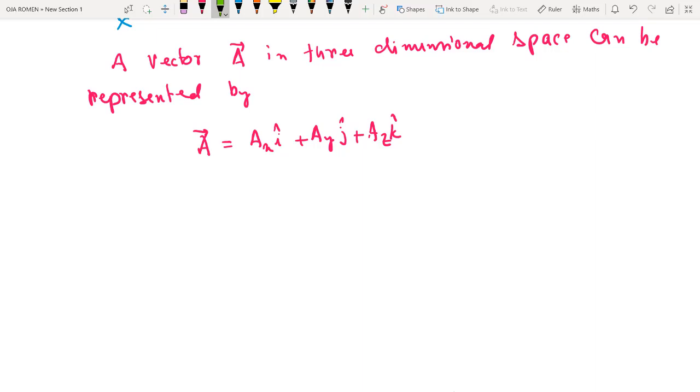Okay. This is x-axis, y-axis and z-axis.